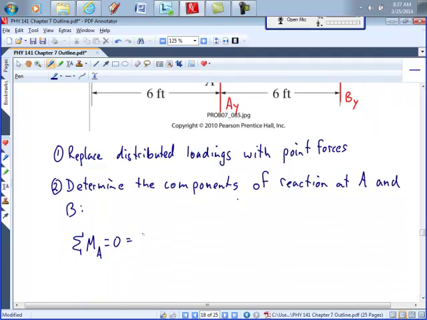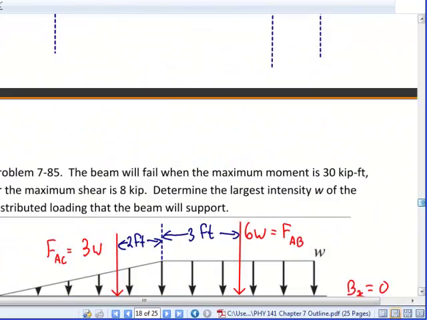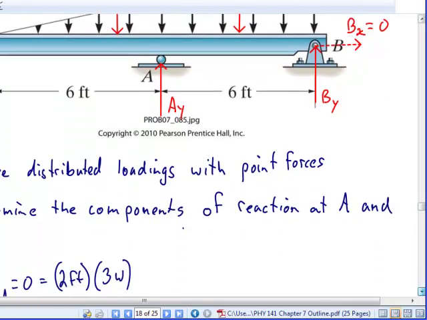So I'm going to write that as 2 feet times 3W. Again, moving from left to right, we then get to AY, which produces no moment because it's through the point A. And then we get to FAB, which is 6W, and it's 3 feet away. Positive or negative moment? Negative. So it'd be minus 3 feet times 6W.